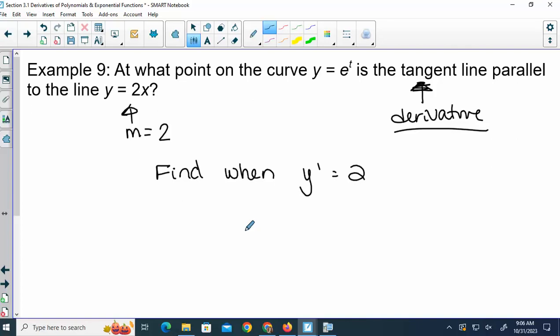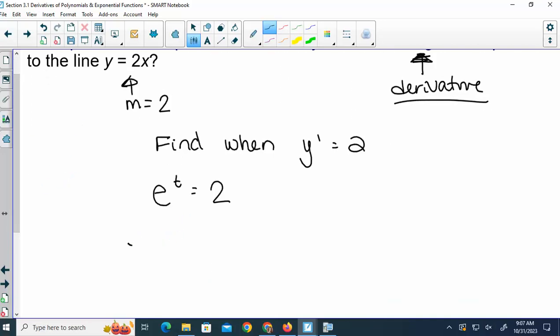What is the derivative of e to the t? Still e to the t. And I want that to equal 2. How am I going to figure that out? It's going back to some college algebra there. Yes! Look at you. Since it's an e, we would prefer to add a natural log.